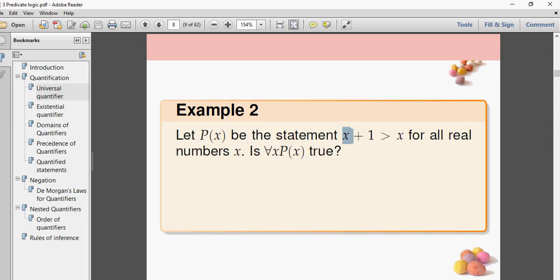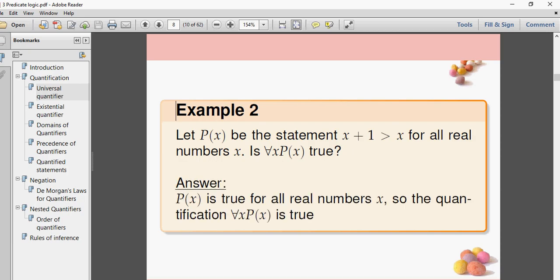Any number I put in here for x should give me a correct statement. So P(x) is true for all real numbers x. This is what I need to say: P(x) as a function is true for all real numbers x. So the quantification for each x, P(x) is true. That means I approve it for at least one, which means for all is correct. This is the universal, or for each.